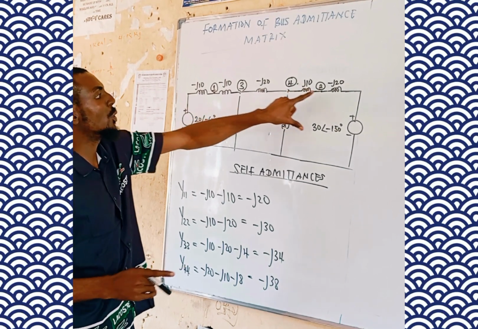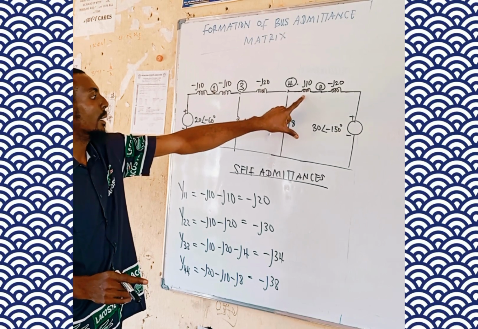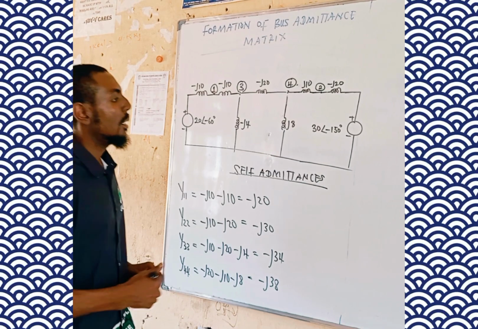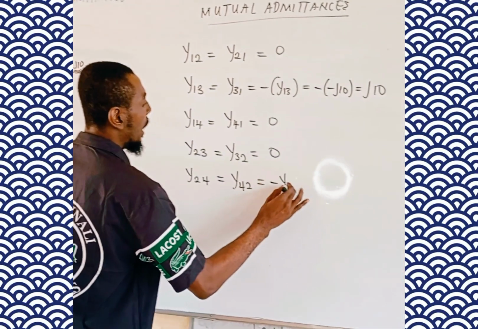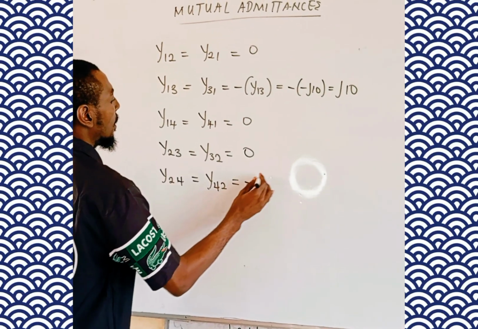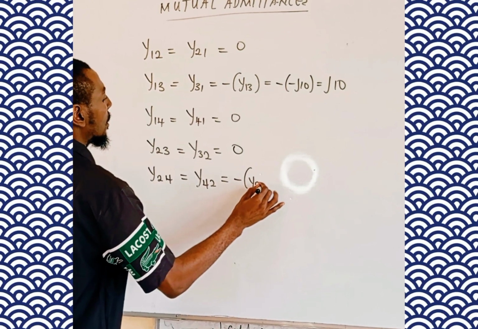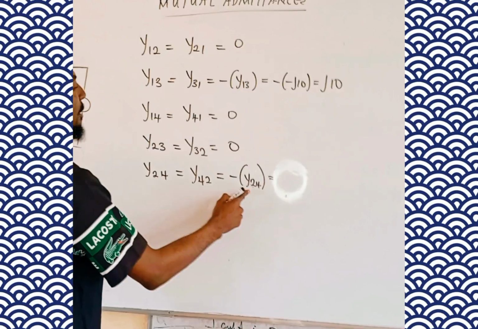So the admittance between bus 2 and 4 is j10. So definitely we are going to have minus y24. y24 is equal to y42, which is negative y24.